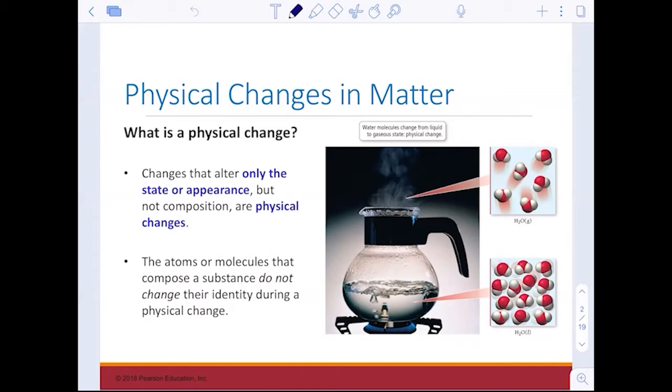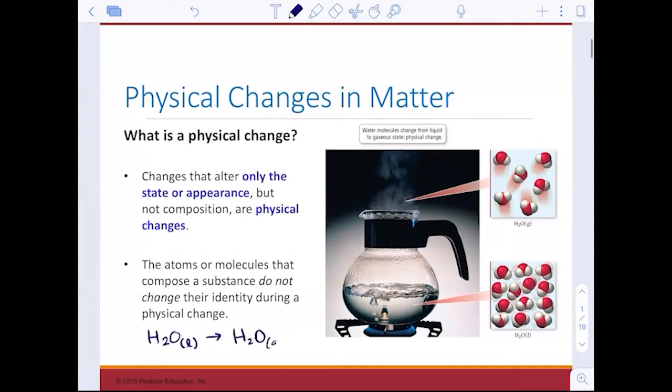It's changing the state of that matter, which is still a reaction. There is still a process that needs to be taking place, but it's a physical change process. So the best reaction we can see for this is a physical change, is a change in the physical state of an atom or a molecule.